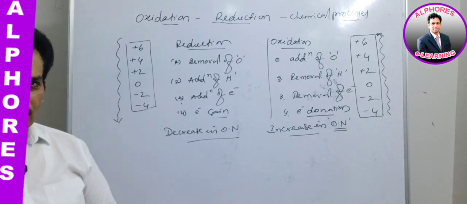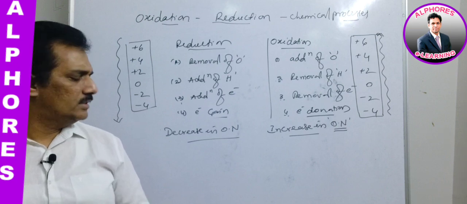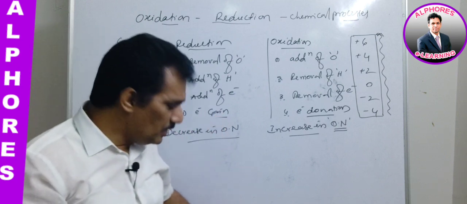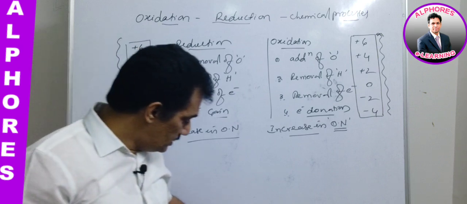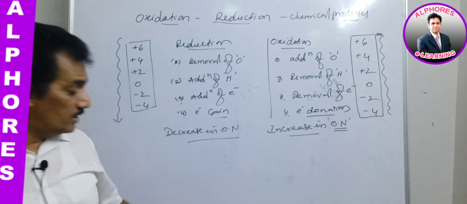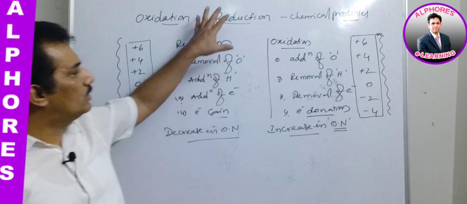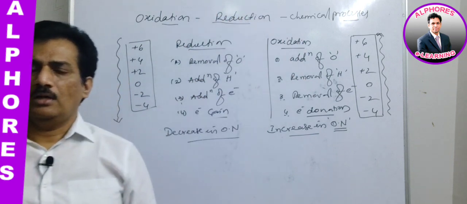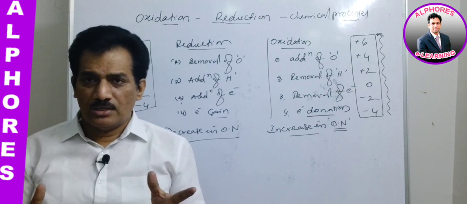Dear students, I think now you are getting the idea with a single word. What is oxidation? An increase in oxidation number. What is reduction? A decrease in oxidation number of the element is known as the reduction process. Clear?